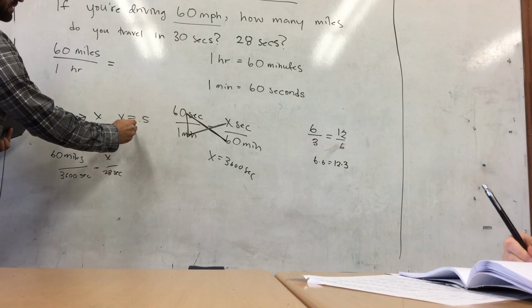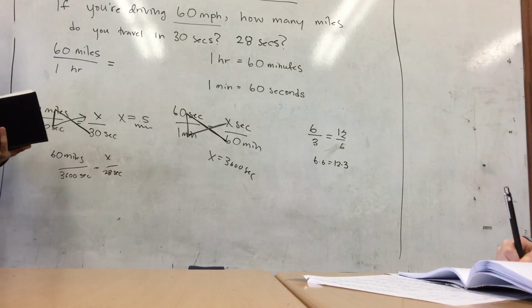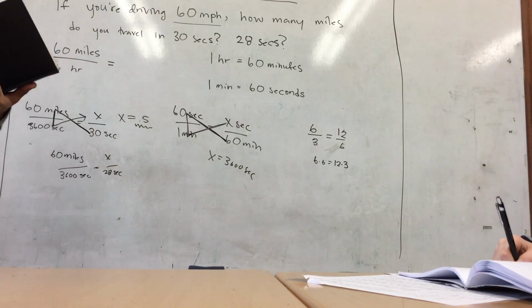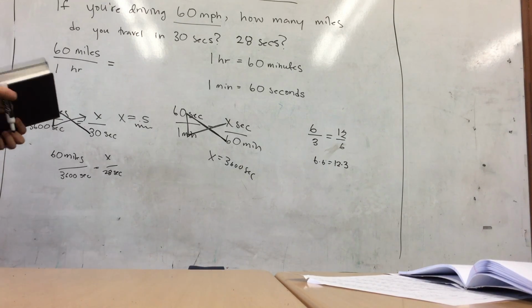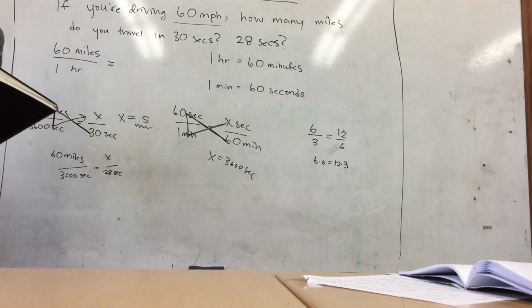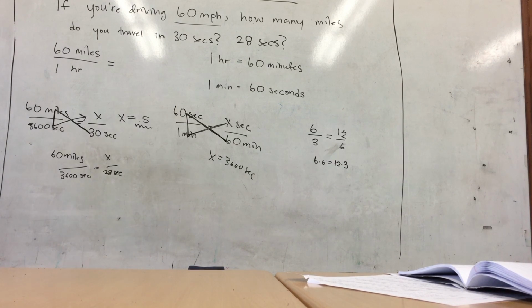What's your estimate? Let's try to estimate. At 30 seconds it's 0.5 of a mile. What would you guys guess, 0.4? What else? 0.43? 0.4 something.